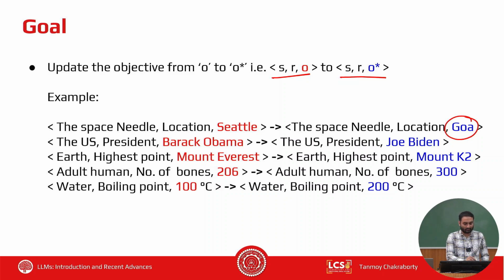Similarly, let's say the US, president, Barack Obama, and you want to update this knowledge so that the model returns Joe Biden, and so on and so forth. So S, R, O is the original triplet, and the updated triplet is S, R, O star.